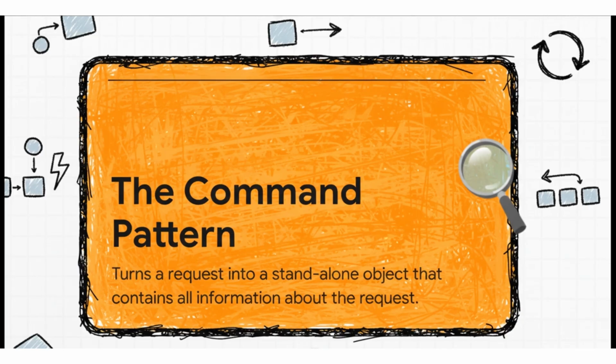We stop thinking about requests as just simple method calls. Instead, we encapsulate an entire request, the action, who it's for, the parameters, all of it, into its own standalone object. And trust me, this one shift in perspective changes everything.